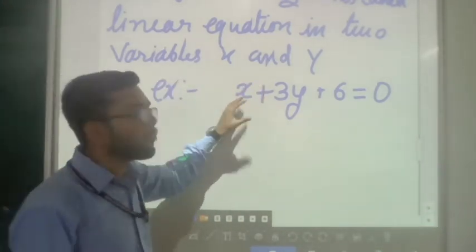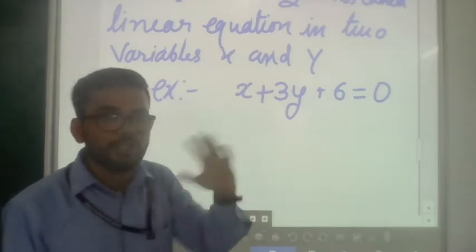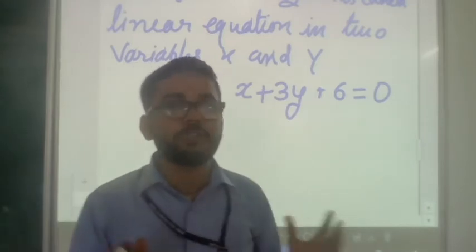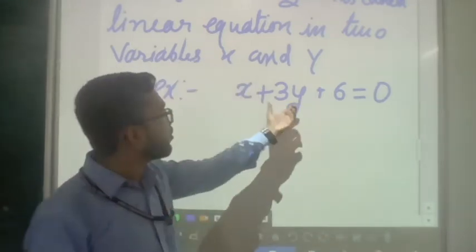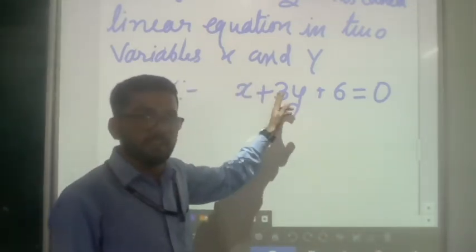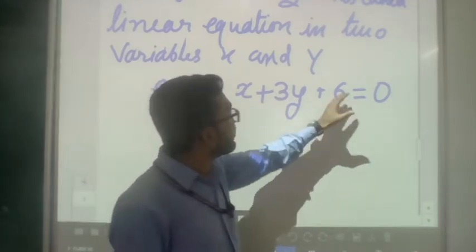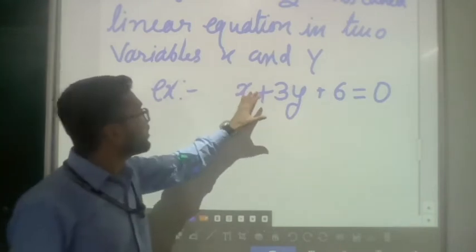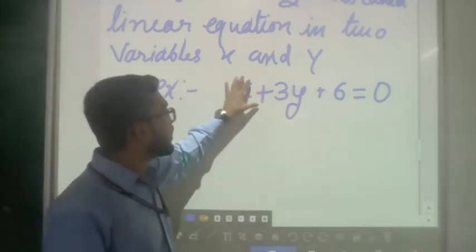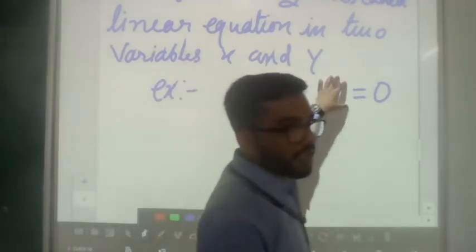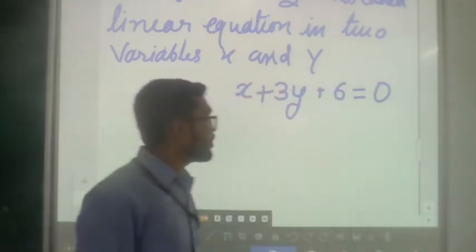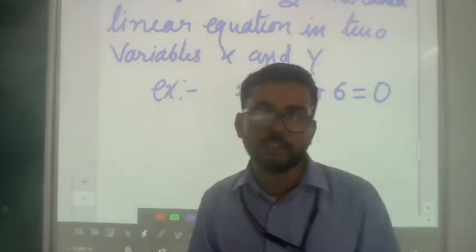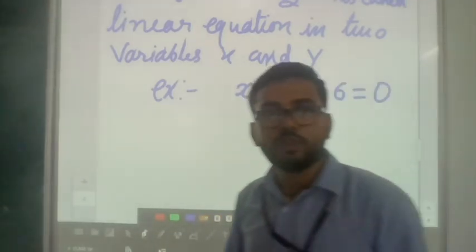Here the coefficient of x is 1, so the value of a is 1. The coefficient of y is 3, and this is the constant term. So this equation is in the form of ax plus by plus c is equal to 0. This is a linear equation in two variables.